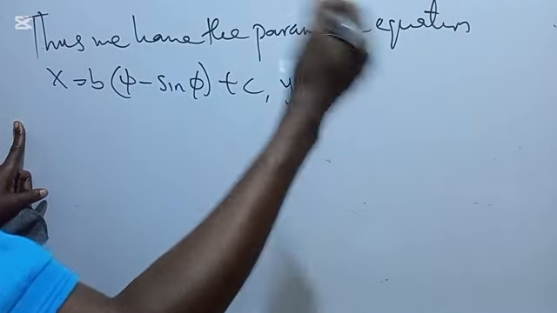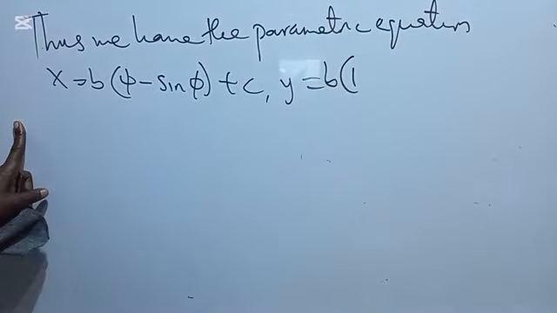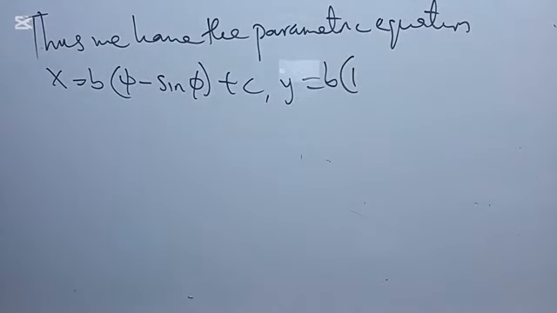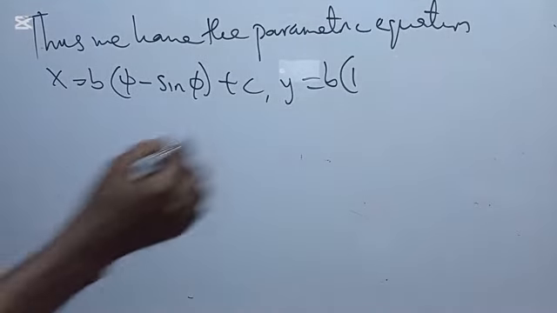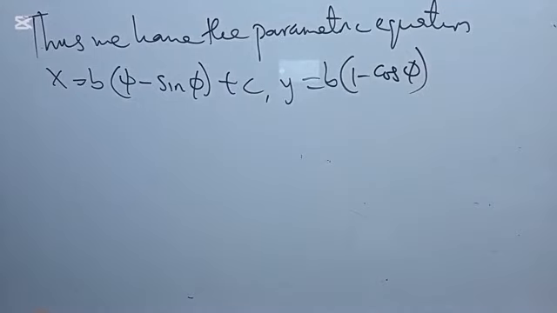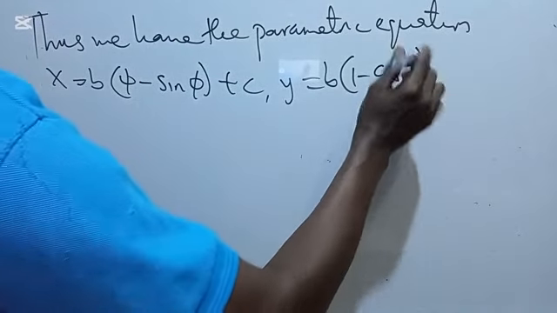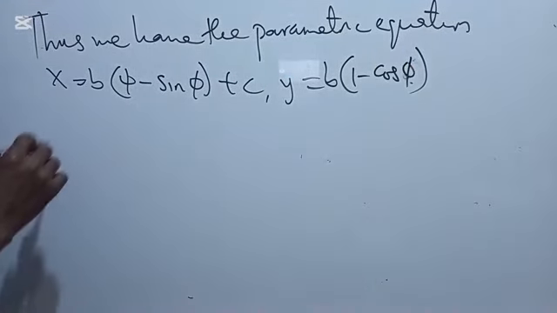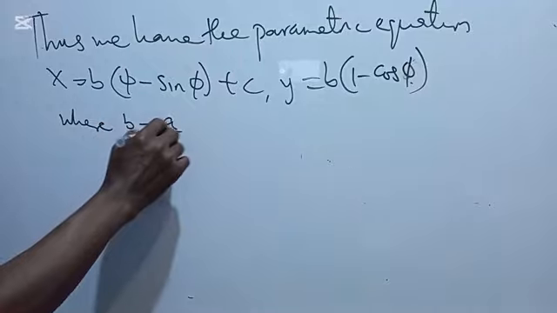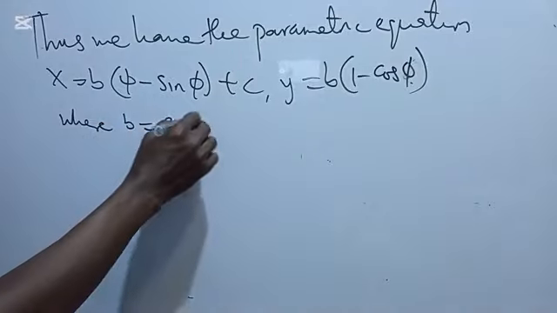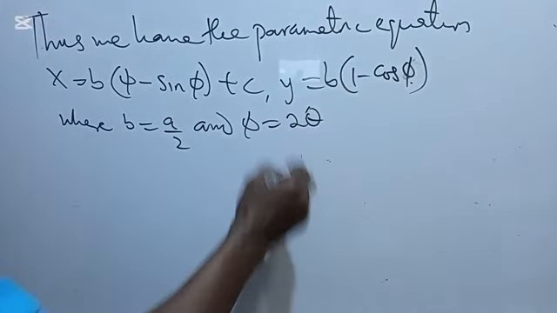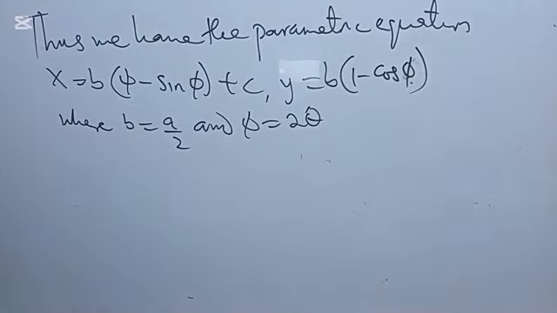So y is b into (1 minus cos phi). You can check that too. It's not theta, it's cos phi, where b is equal to a all over 2 from what we just got, and phi is equal to 2 theta.